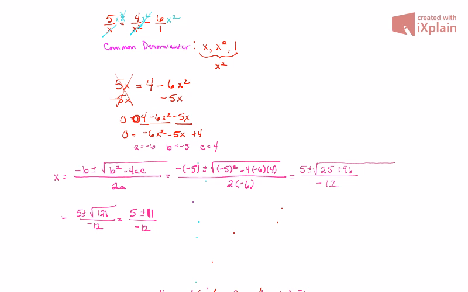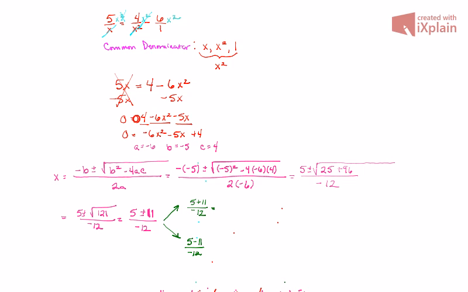Here I'm going to break this off into two cases. I'm taking it out of that shorthand. One case is 5 plus 11 divided by negative 12, and the other is 5 minus 11 divided by negative 12.